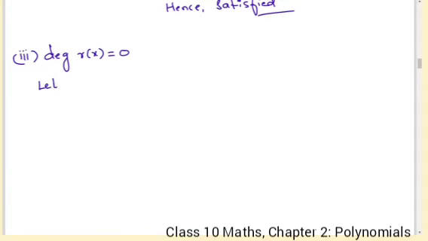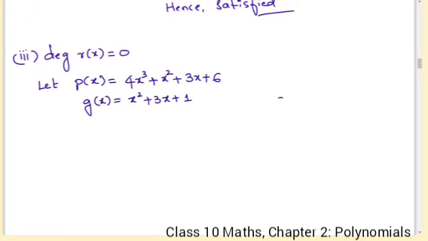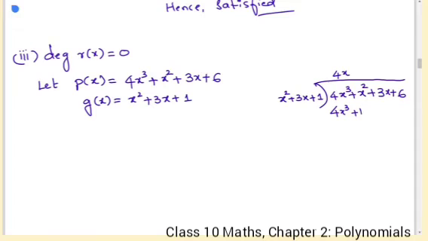Now third one, degree of r of x is equal to 0. For this question let us consider that p of x is equal to 4x cube plus x square plus 3x plus 6 and g of x is equal to x square plus 3x plus 1. Now divide 4x cube plus x square plus 3x plus 6 by x square plus 3x plus 1.